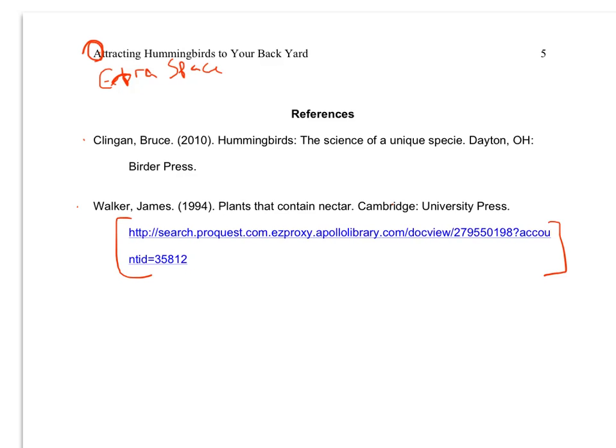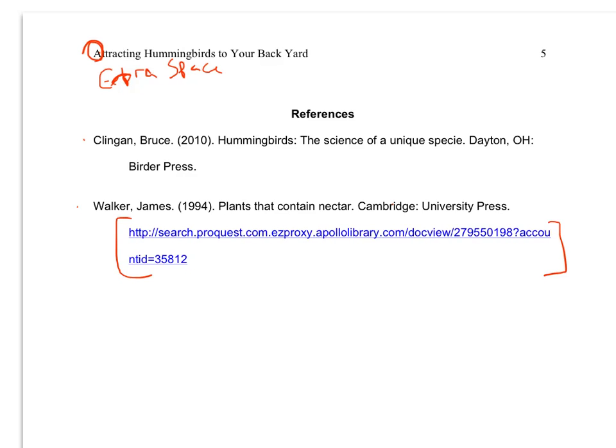What you're going to find out is you can't get anywhere. This is a dead link. It's not a permalink. It could lead you to a different article, potentially, but even more so if you don't have a University of Phoenix account or a ProQuest account, you're not going to be able to access this. So do not put this link here.